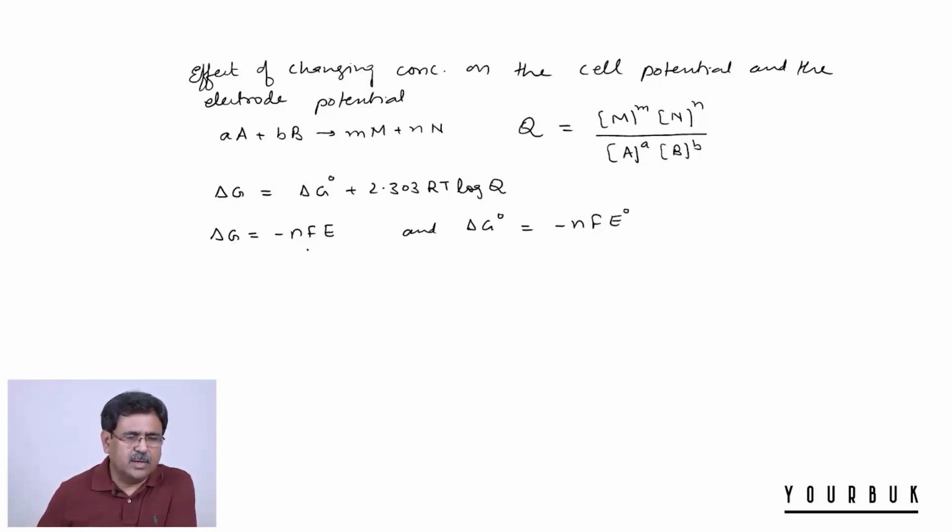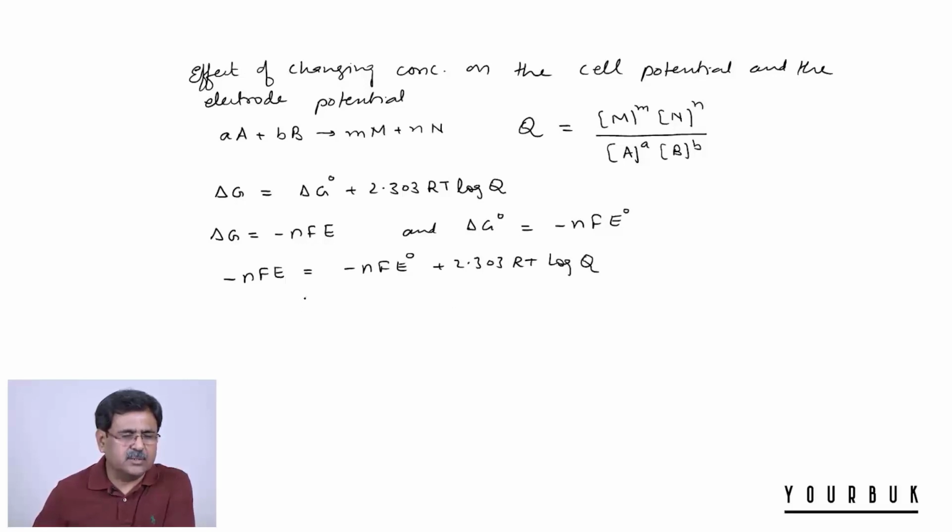Now, if you put the values of delta G and delta G degree in this equation, it gives minus nFE is equal to minus nFE degree plus 2.303 RT log Q.